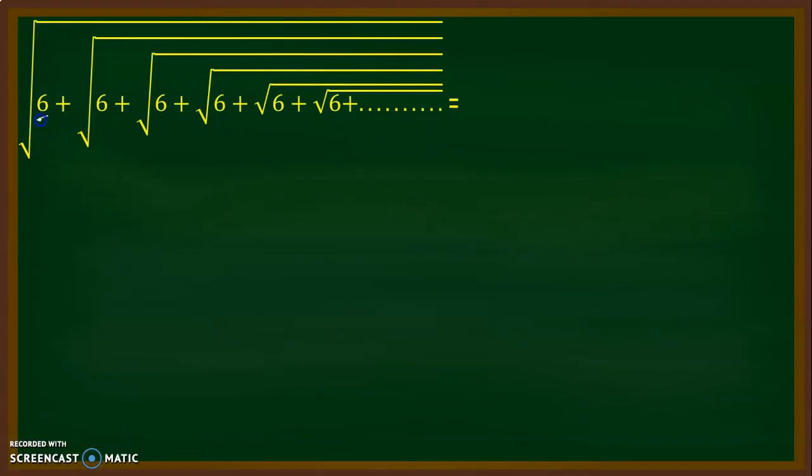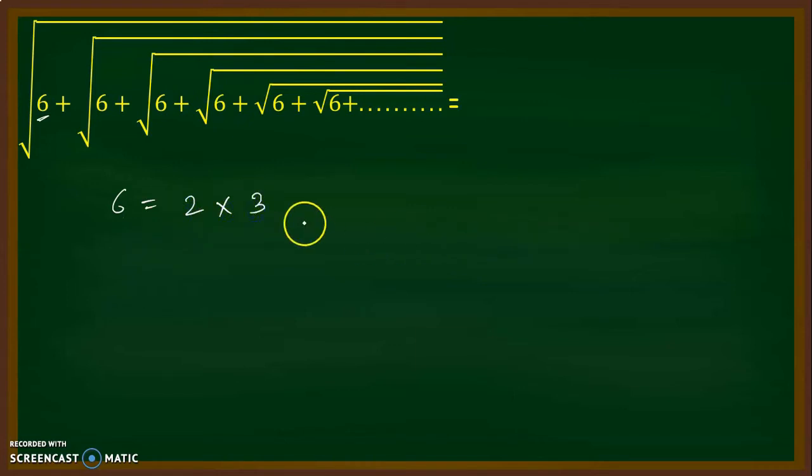So here we have the number 6. So split the 6, or we can say write the 6 as the multiplication of two consecutive numbers. So we can write 6 as the multiplication of 2 and 3.